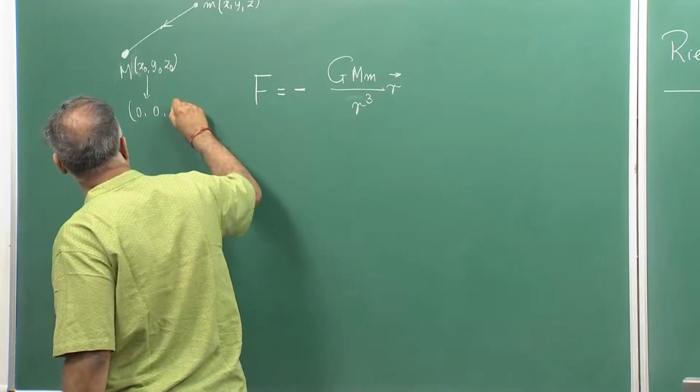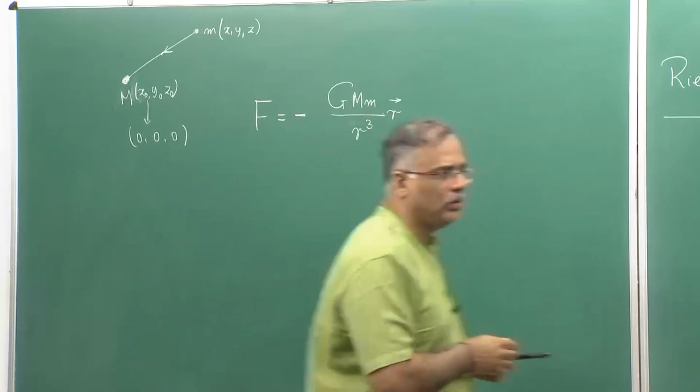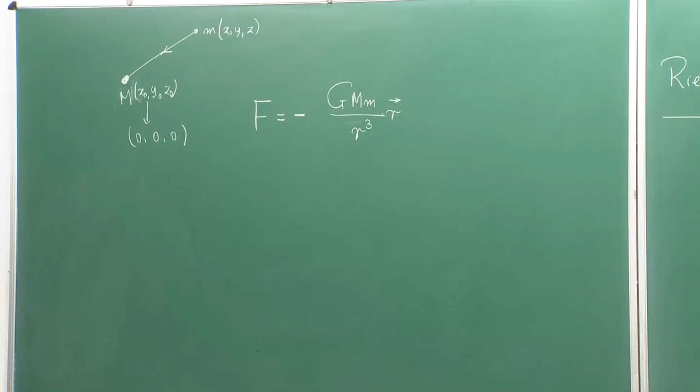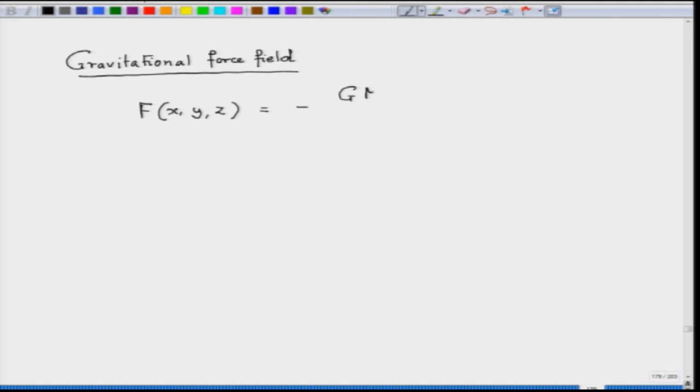At any other x, y, z not equal to 0, 0, 0, the force is written as G m M by r cube, where r is the square root of x square plus y square plus z square, cube of that, into the r vector.